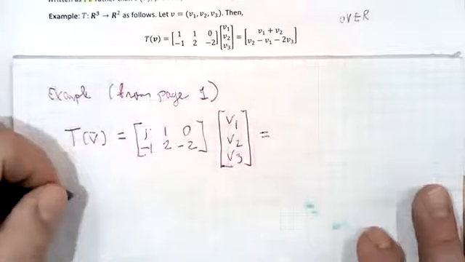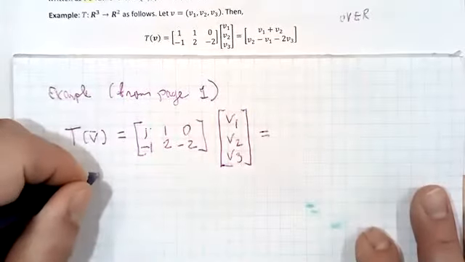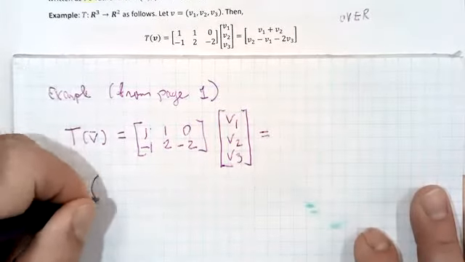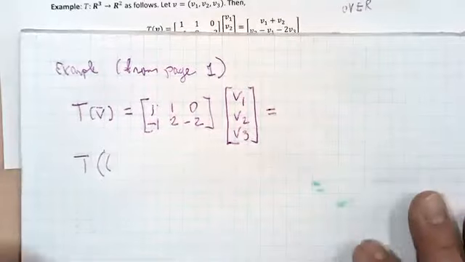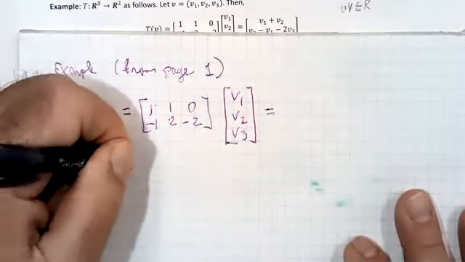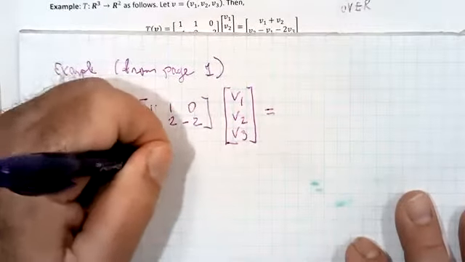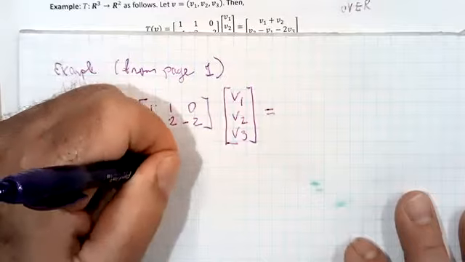So let's take an example. How about this? I'm going to take the vector, and just to emphasize that we don't always want to be chained to the vertical format for writing vectors.